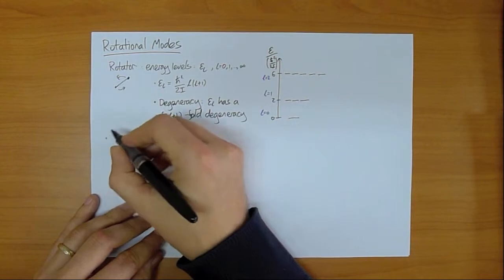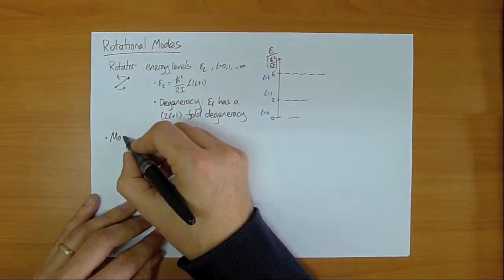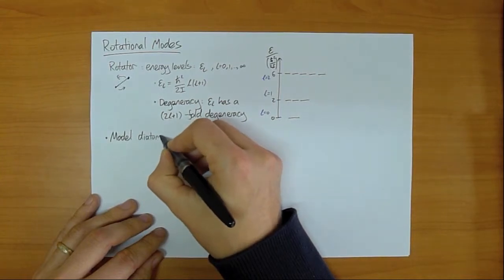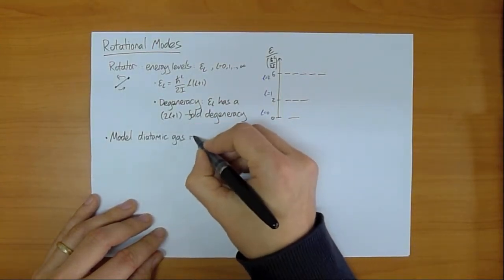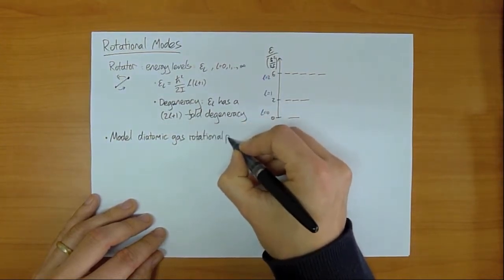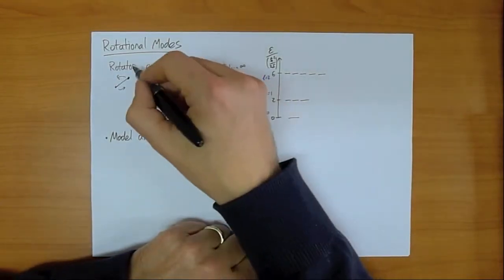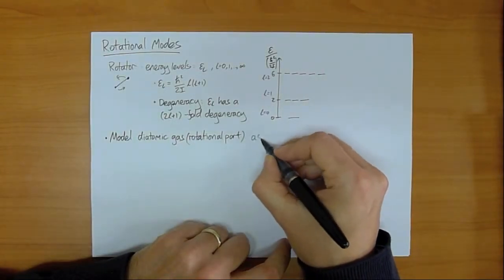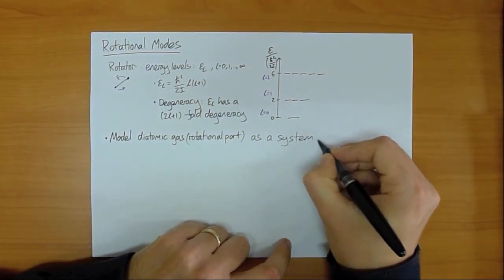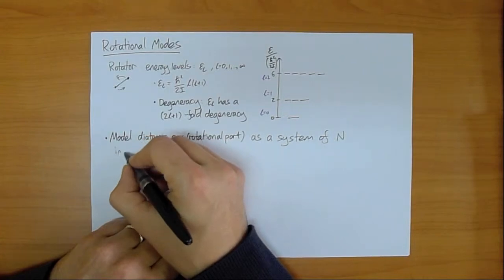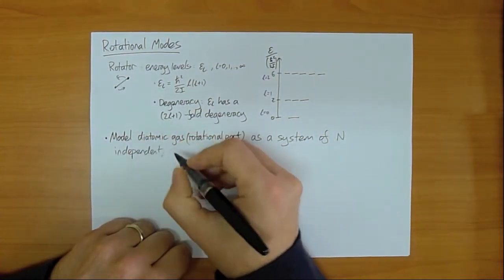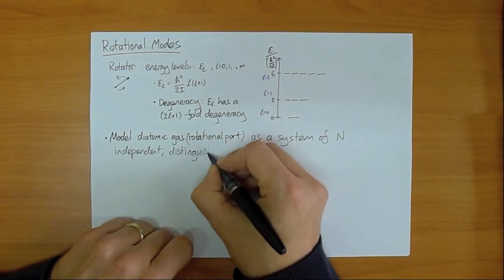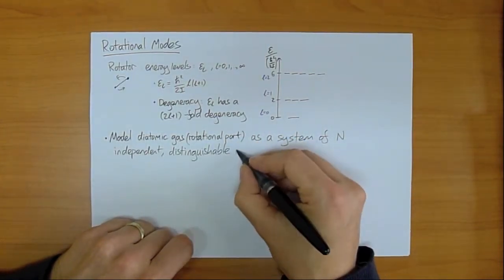Okay, so we're going to model the diatomic gas rotation part as a system of n independent distinguishable rotators.